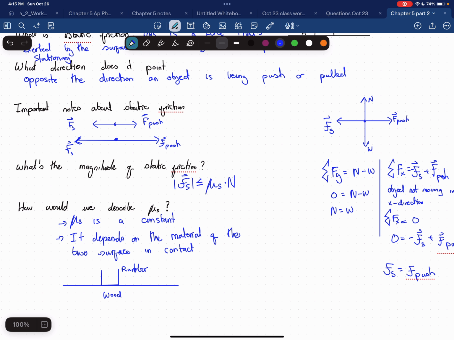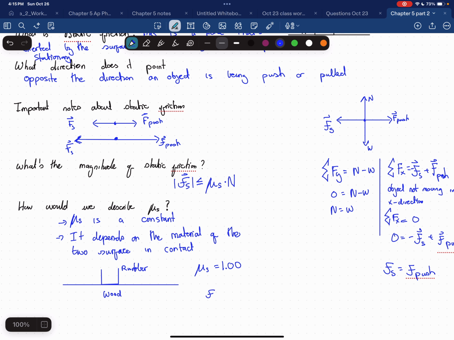The value of mu sub s is something that's given to us experimentally. It's going to be 1.00. The values of mu sub s will be given to you in your exams. If it's not given to you, you can solve for it by manipulating this formula. If you know the static friction and the normal force, you find mu sub s by dividing the magnitude of static friction by the normal force.